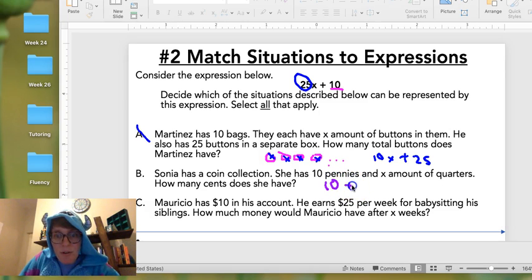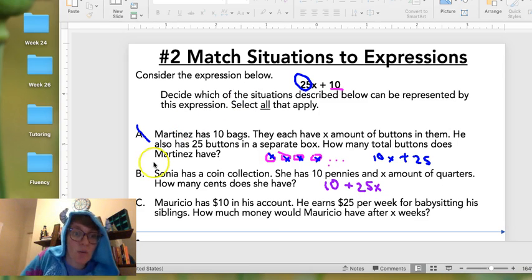And then it's going to be worth 25 because that's how much each quarter is worth, X. If she has 1 quarter, 25 times 1 is 25. If she's got 3 quarters, 3 times 25 is 75. So this is what our expression should look like. Now, if I look at my expression at the top, 25x plus 10, even though this is switched, that's okay. In addition, order doesn't matter.